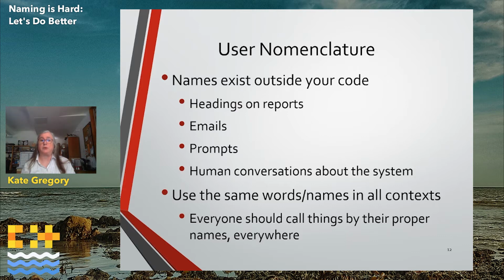And new developers are going to look for things in the code using the words that they heard from someone who saw something on a screen or read something in an email. So if they're told that the expiry date is wrong for things that are sold on public holidays, they're going to go looking for expiry date. And if it's inactive date in the software, they're going to have a really tough time finding things. You don't want a translation layer. You want the same names for things in all these contexts.